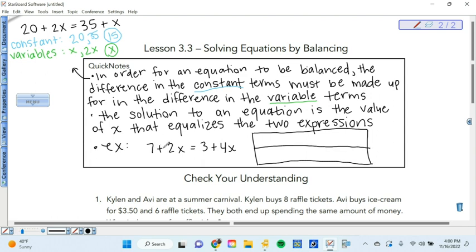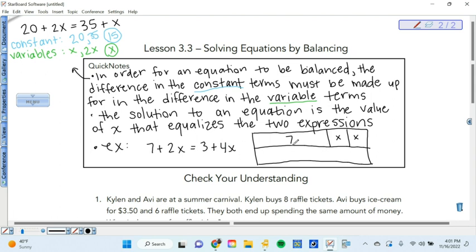Okay, so 7 plus 2x, that's like this. I've got 7 here plus an x and an x. 7 plus 2x. And then equal to that is 3 plus 4x.